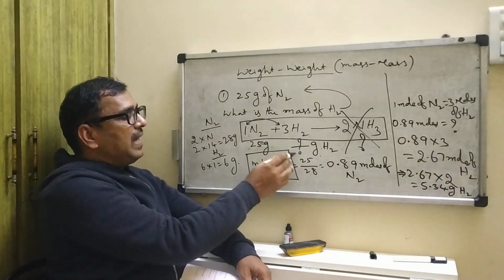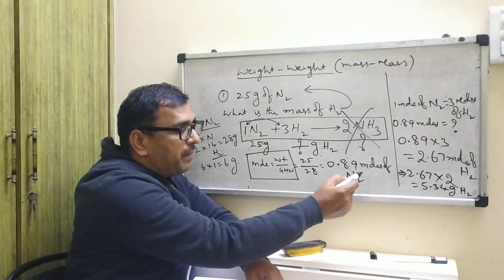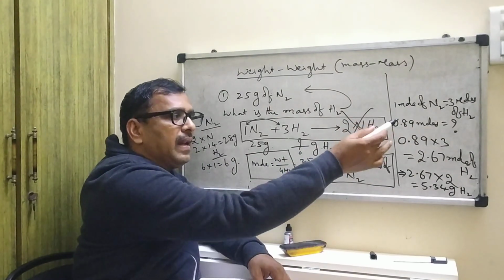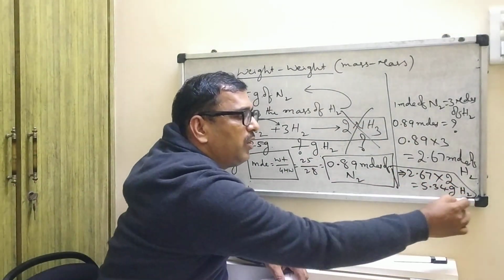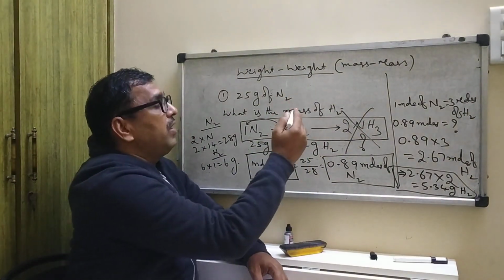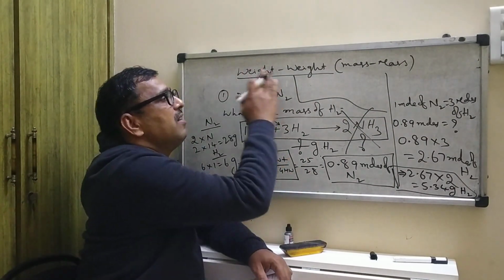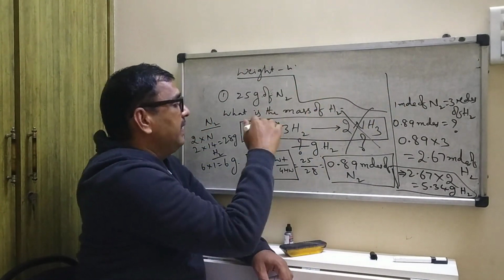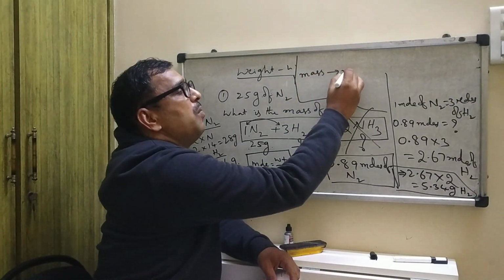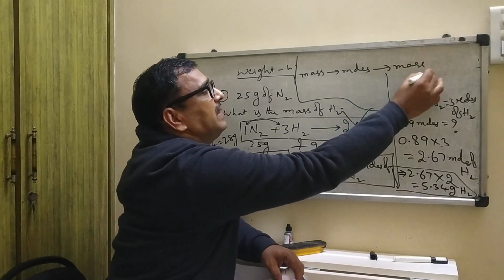So first you convert the given mass into number of moles, then you compare the moles, then you convert back into mass. Here I am writing a sketch of how to write it: first convert the mass into moles, again moles into mass, like this.